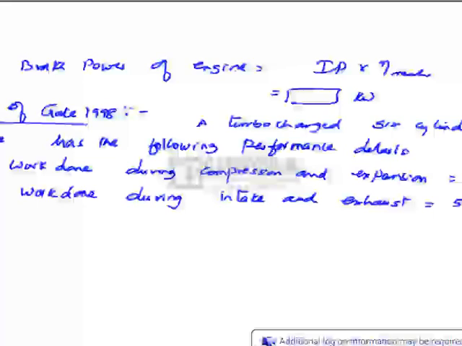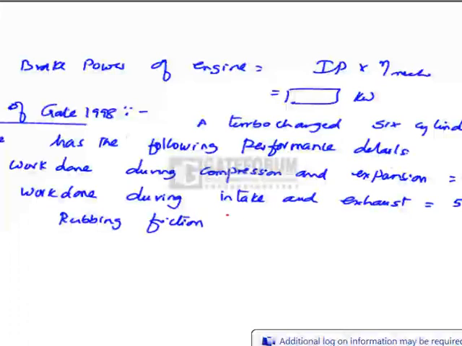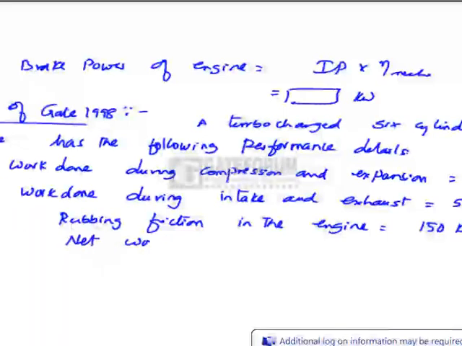Number 3, rubbing friction in the engine, that is equal to 150 kilowatts. Number 4, net work done by turbine, that is equal to 40 kilowatts.